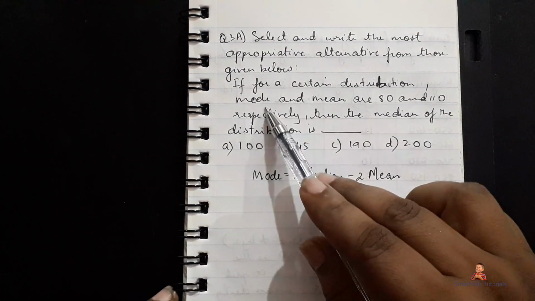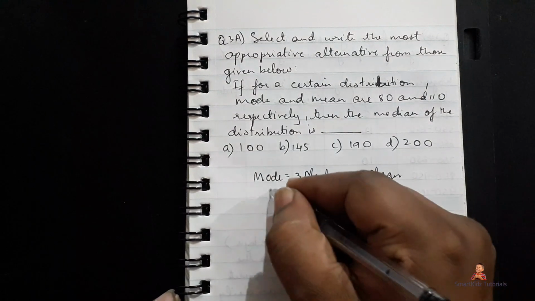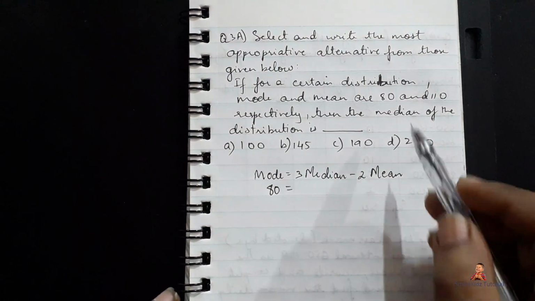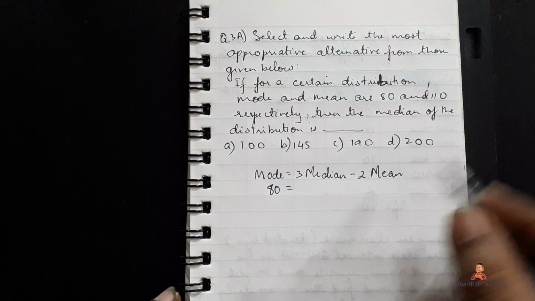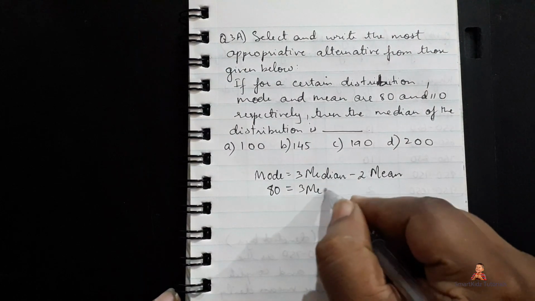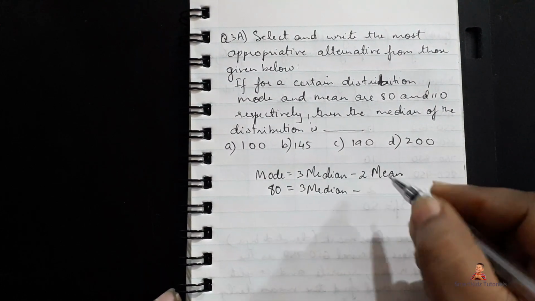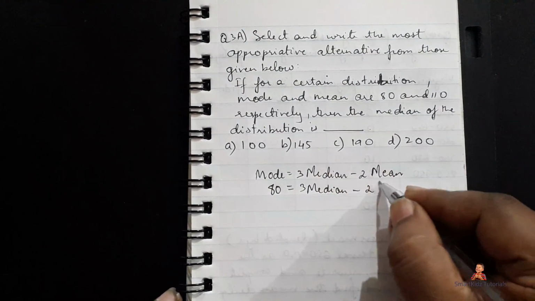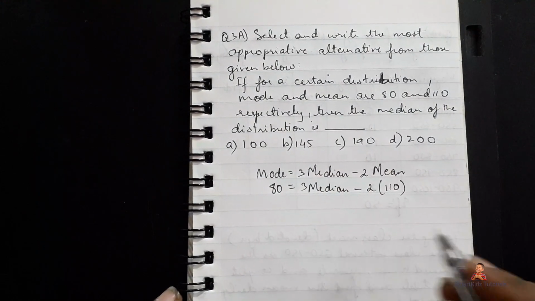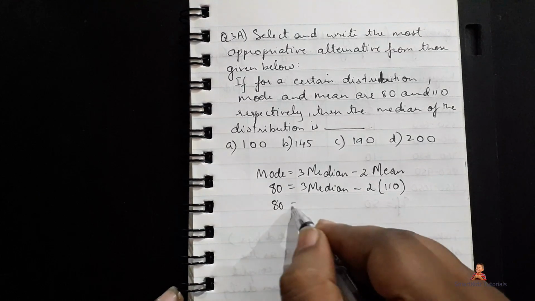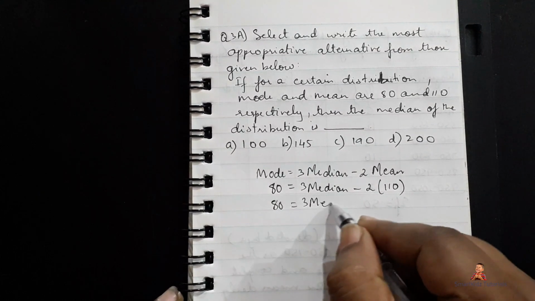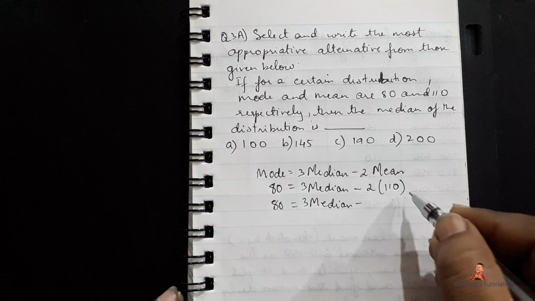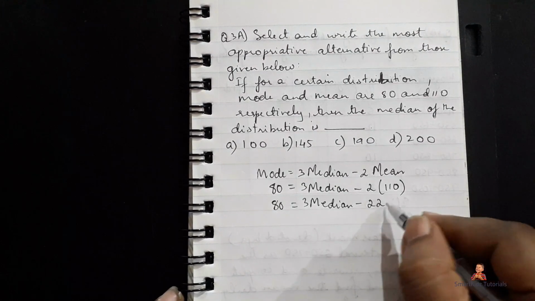So we are given mode as 80. So we put 80 over here. We are not given the median. That is what we need to find out over here. Then mean is given to us as 110. So 2 into 110. Now 80 I'll leave it the way it is. 3 into median and minus 2 into 110 gives me 220.